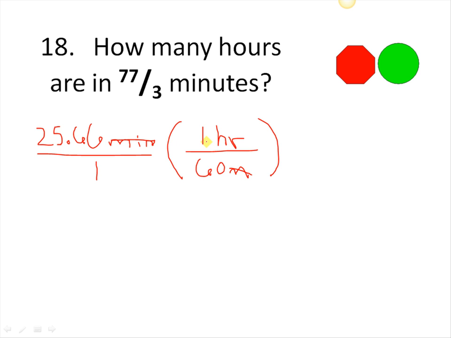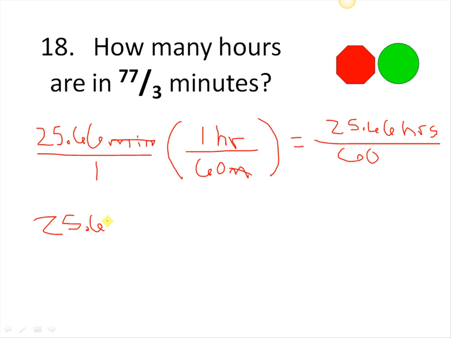And so now I have 25.66 times 1. So I have 25.66 hours over the pure number 60. And this just becomes a fraction, 25.66 over 60 hours.